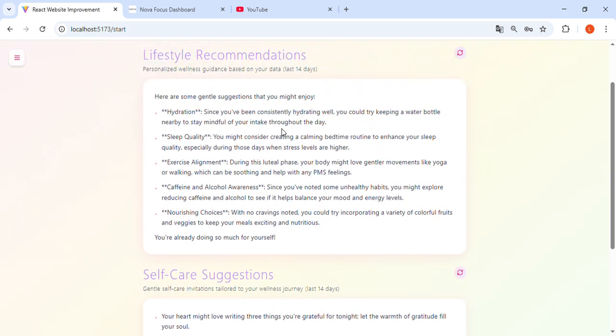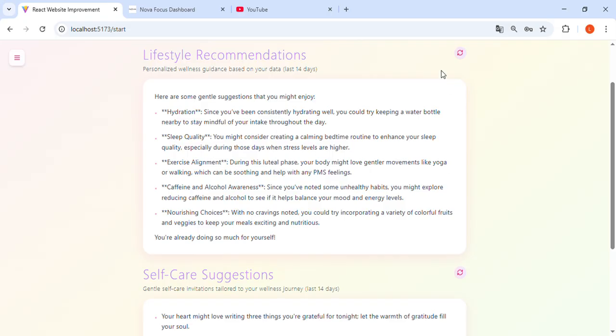All of this is, of course, formulated very nicely and calmly, and rather a recommendation than a strict task. But yeah, it relates it also. For example, for women during the luteal phase, it's recommended that women rather do light sports instead of heavy weight training.